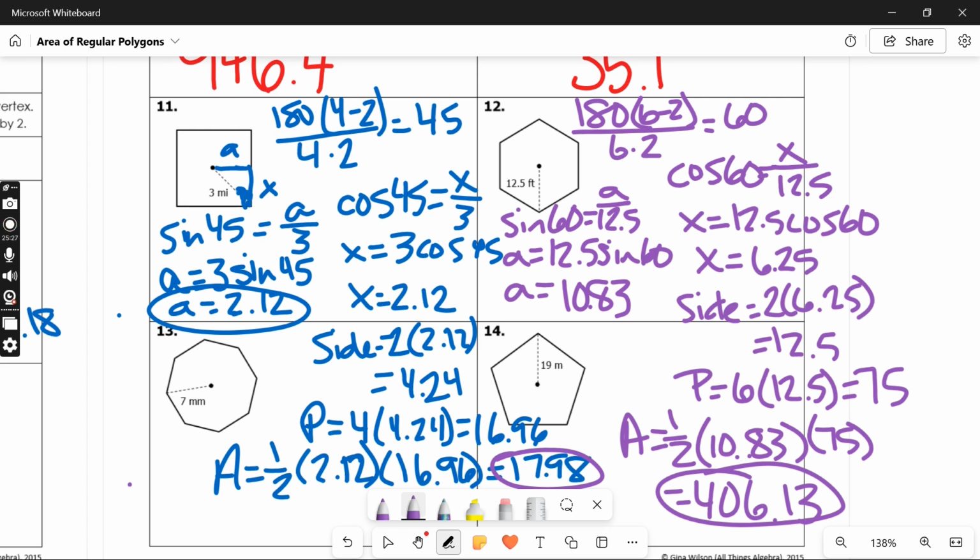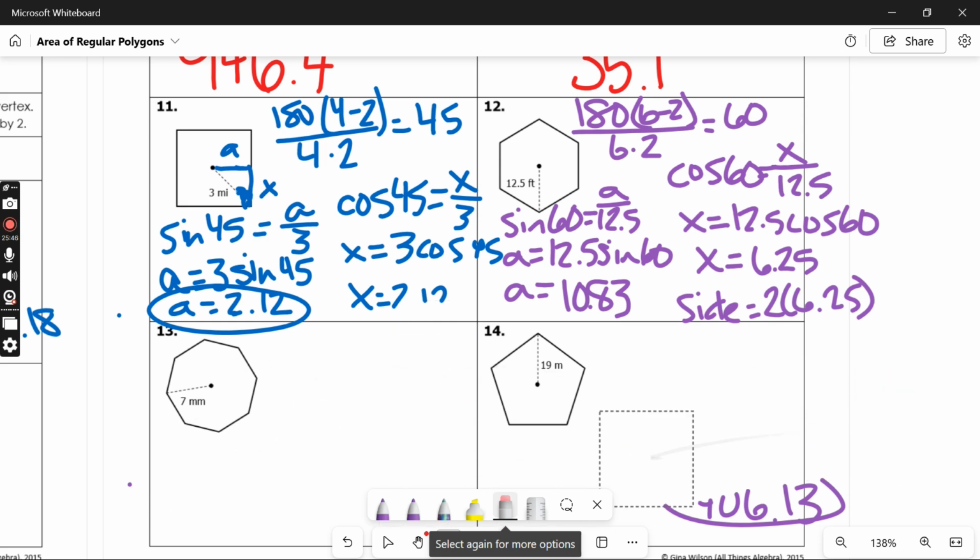All right, so like I said, this group of four has a little bit more to it because you have to find the apothem and you have to find this side because you're given that radius. So pause it, take a minute to do 13, 14, work with your group, check each other.